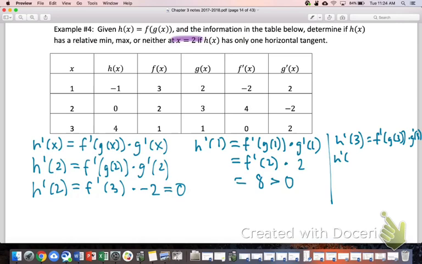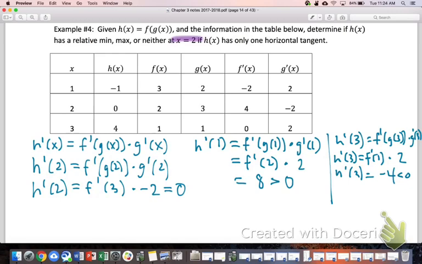So h prime of 3 then equals, let's see here, g of 3 is 1. So that would be f prime of 1 times g prime of 3, which is 2. And f prime of 1 is negative 2. So I'm getting h prime of 3 equals, did you get that too? Negative 4? Okay, so that of course is negative.